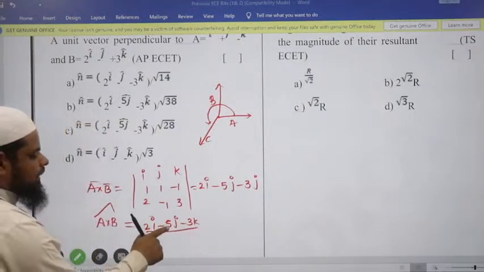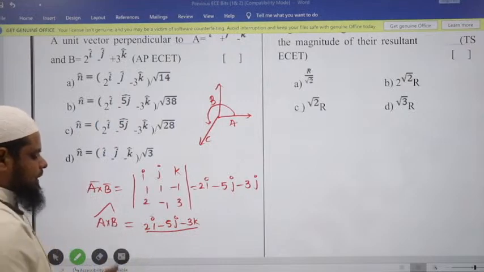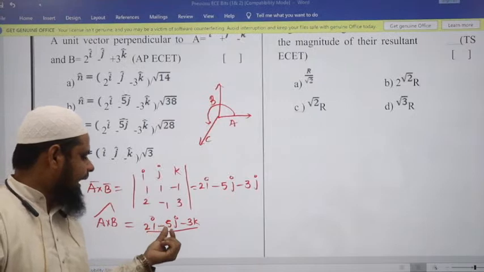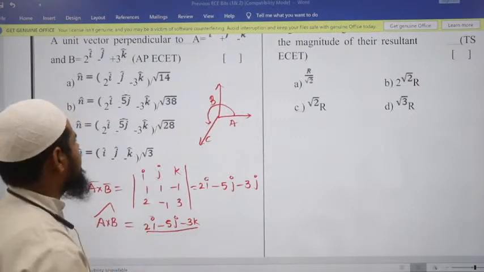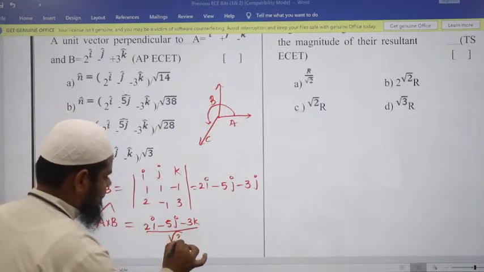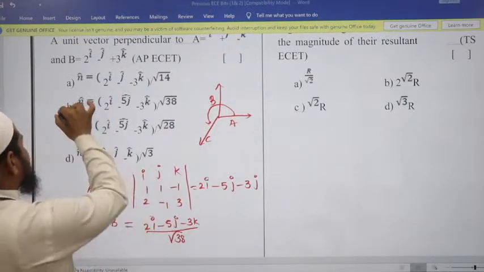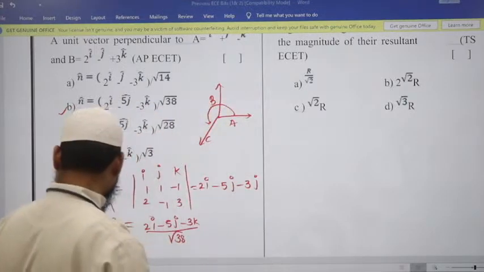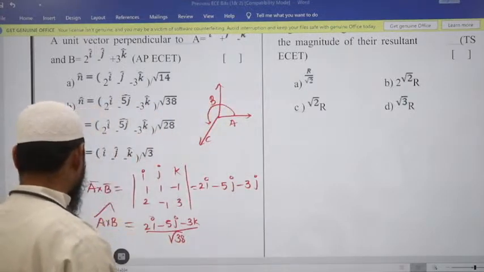So 25 plus, look at this, 4 plus 25 is 29, plus 9, 38. So root 38. So like this we'll go with option B. Is that fine? Very good. Let's move on to the next one.